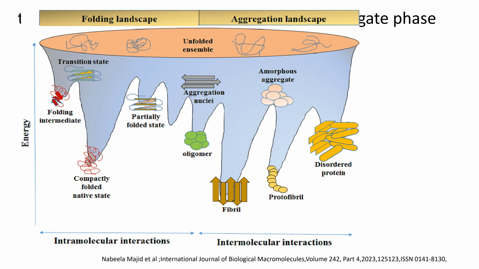This is therefore an energy landscape through which proteins can navigate during the folding reaction: here, intramolecular interaction, here, intermolecular interaction, and here, energy. The number of possible conformations decreases as folding approaches the native state.